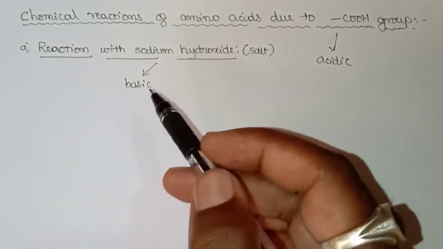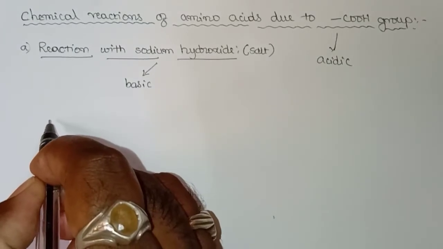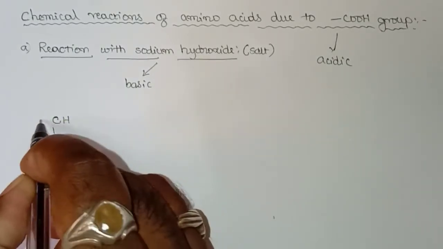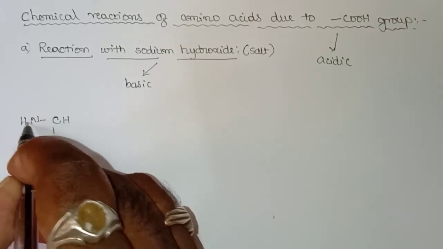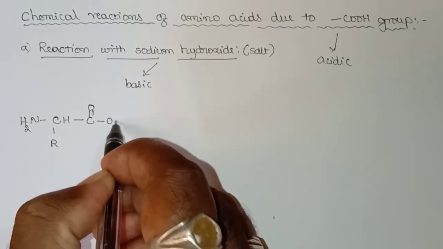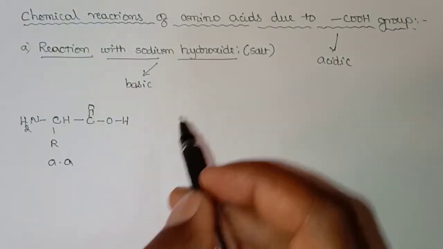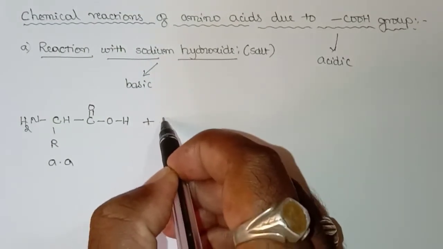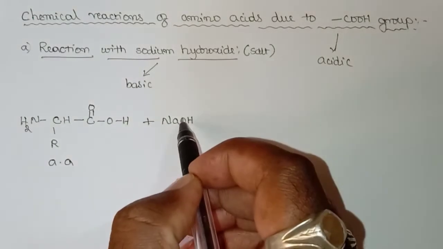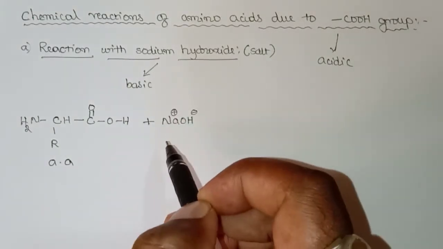Let us see the reaction pathway of this one. Let us consider the amino acid CHR, NH2, and here it will be COOH, and this amino acid will be reacted with sodium hydroxide. So OH will be in the form of OH minus and sodium will be in the form of Na plus.